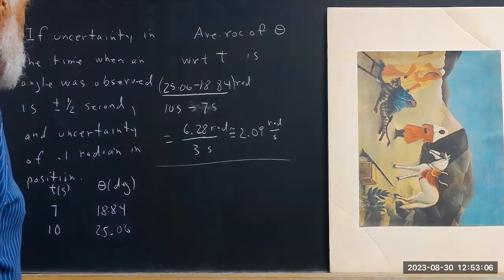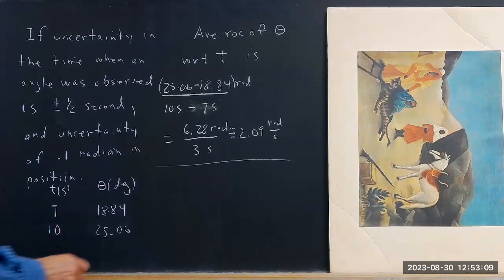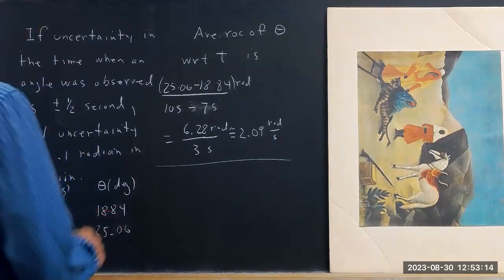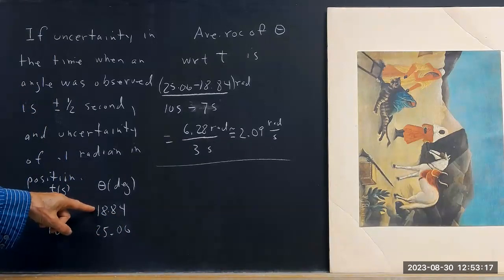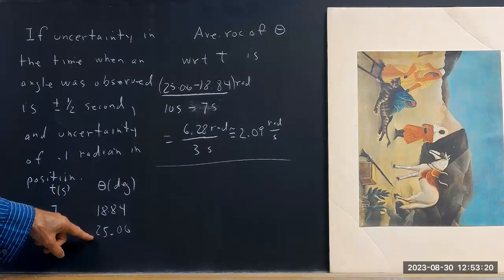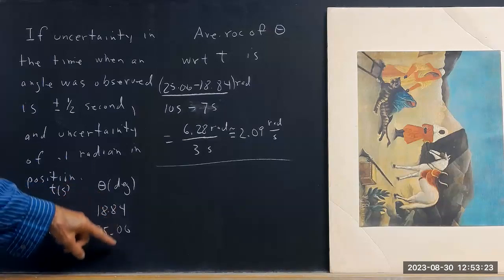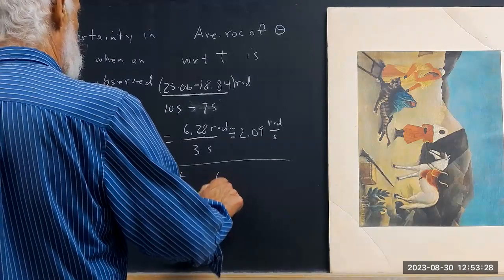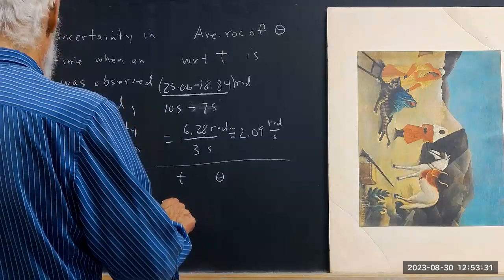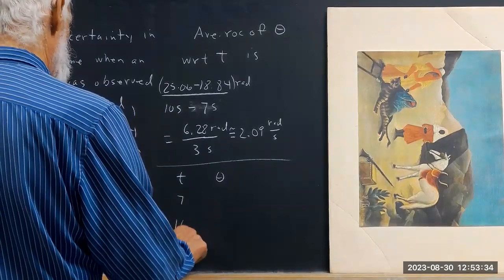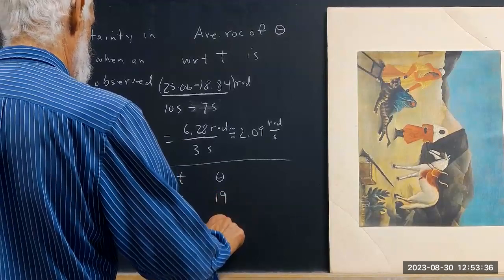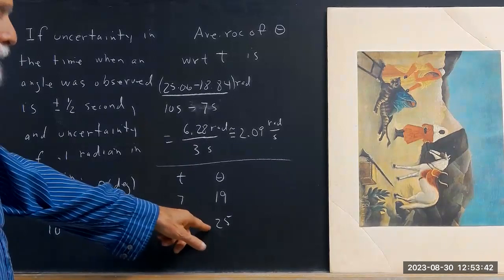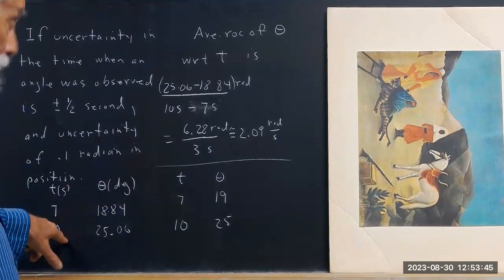Now, the way we say that is there are really only 2 significant figures in this number and 2 in this number. Okay. The change you have here, well, it's probably better to round that off to 19. So if we do t and theta, I'll use the numbers here. This is going to give us just as good a result as this does.